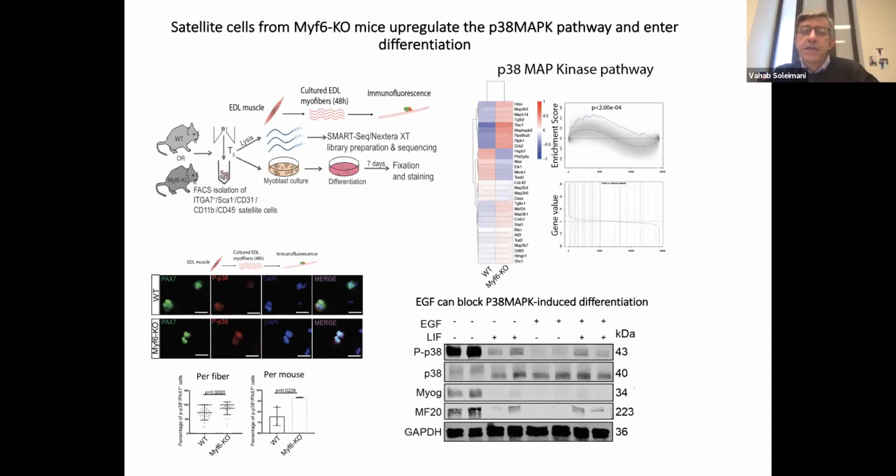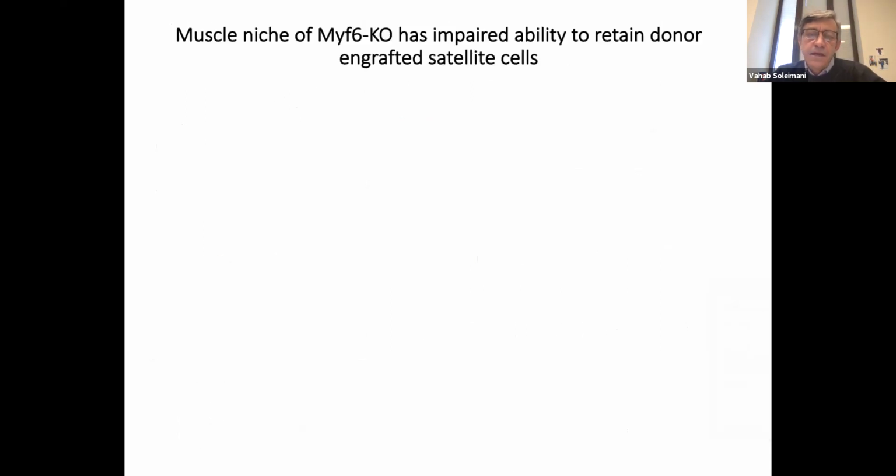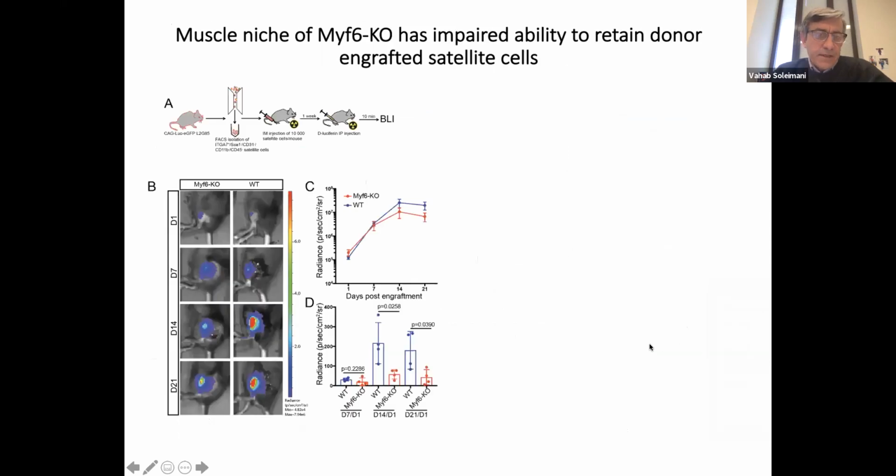Therefore, this communication between muscle fiber and satellite cells is critical to maintain them in a quiescent state. This was in response to one of the reviewers who was adamant that these cells have a cell-intrinsic defect. They don't. They have perfect differentiation, proliferation, and everything is on par with wild type cells.